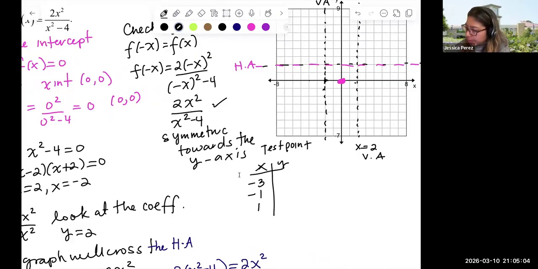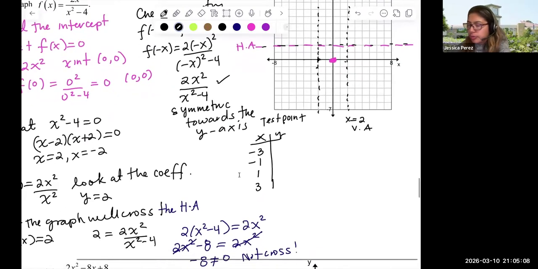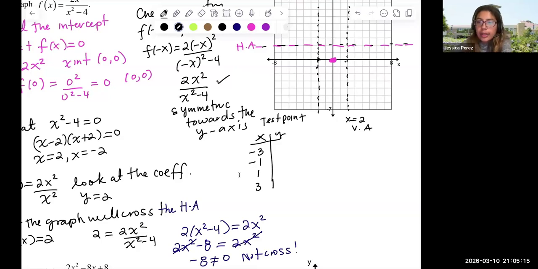What happens at 1 and what happens at 3. So you're split into different intervals. You're going to find f of negative 1, f of negative 3, f of 1, and f of 3. So take a few moments and find f of negative 3, f of negative 1, f of 1, and f of 3. I'll give you guys a few seconds.